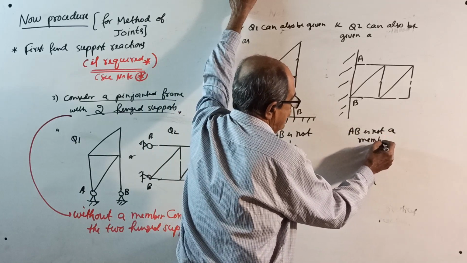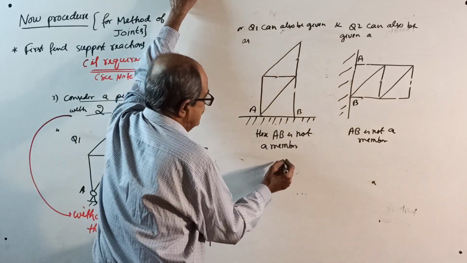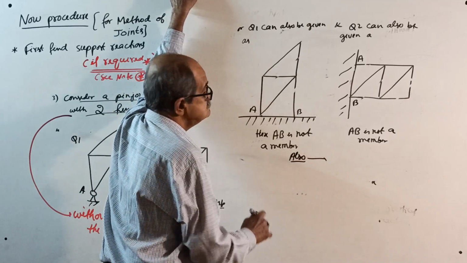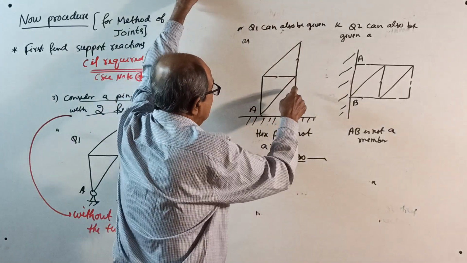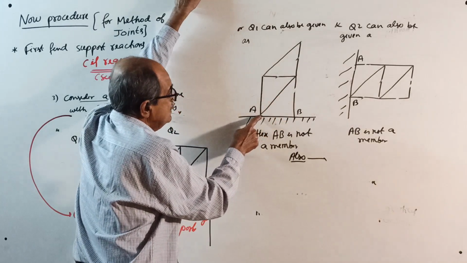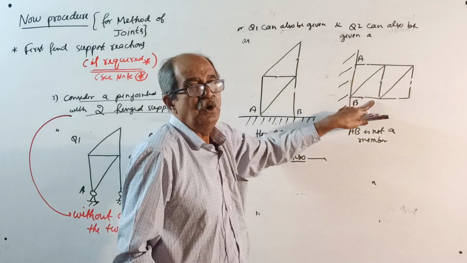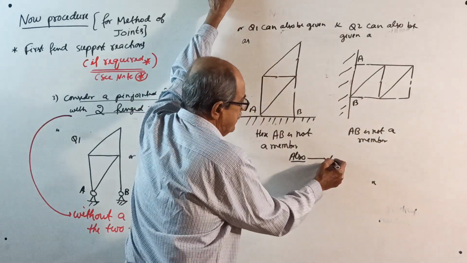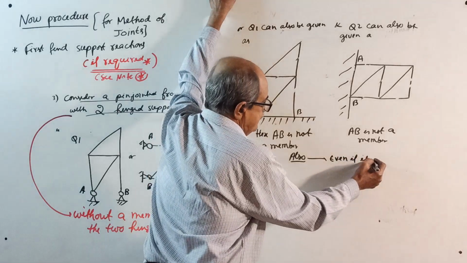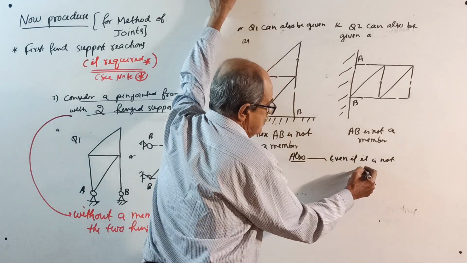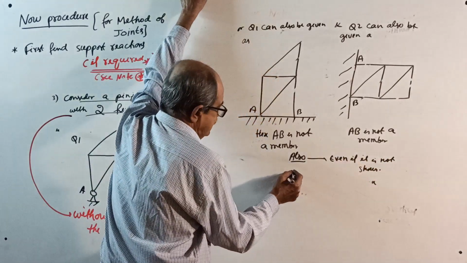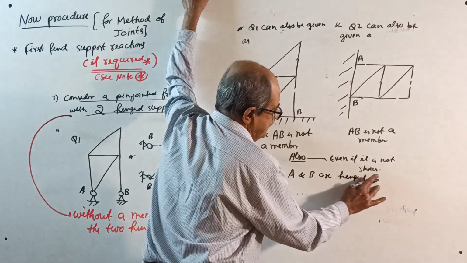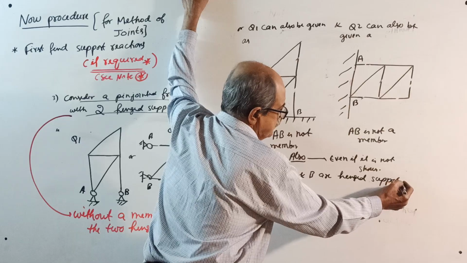And also make a note: here, the members are not fixed at A and B. Here also, members are not fixed at A and B. So, even if it is not mentioned, even if it is not shown, A and B are hinged supports only.